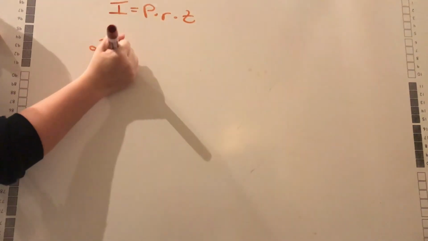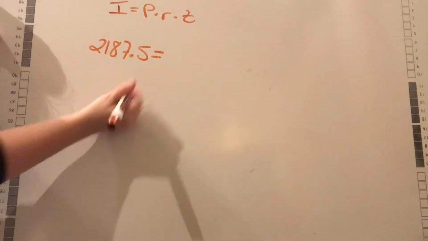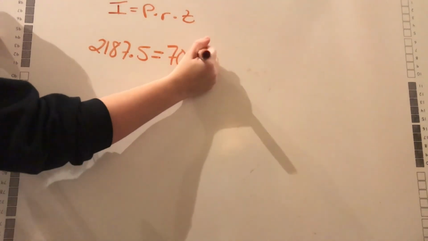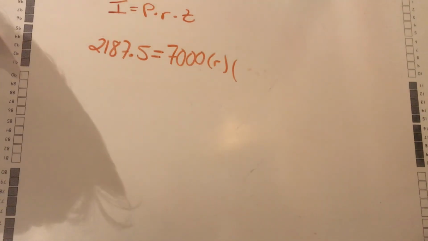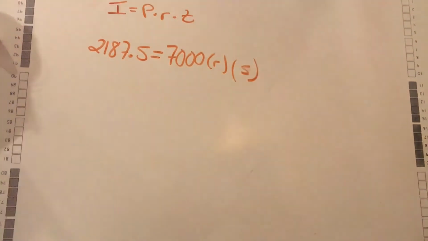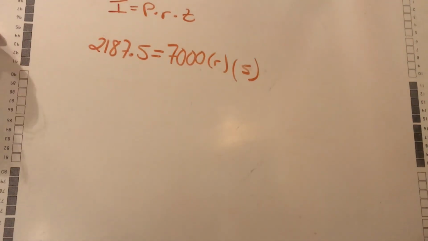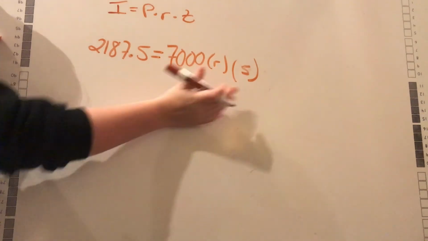So we'll put that in there. 2187.5 is going to equal 7,000 times R times 5. Okay? So we're solving for R. So the first thing we're going to do is multiply 7,000 times 5.